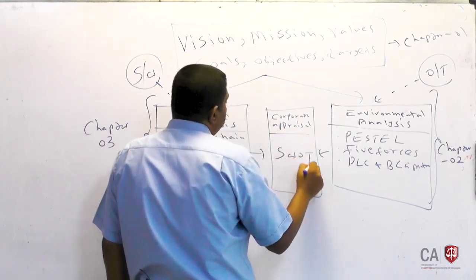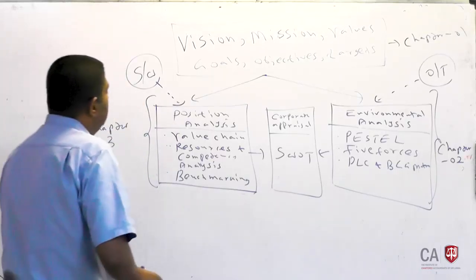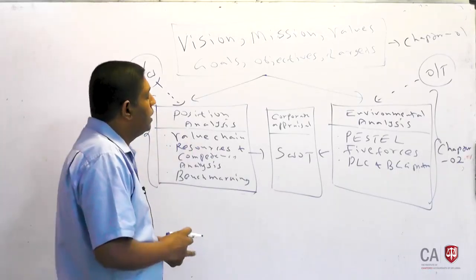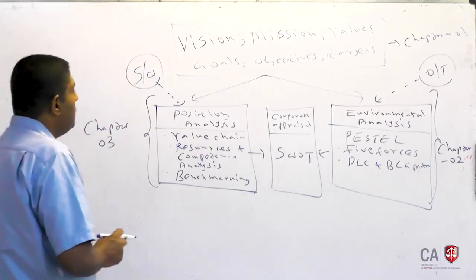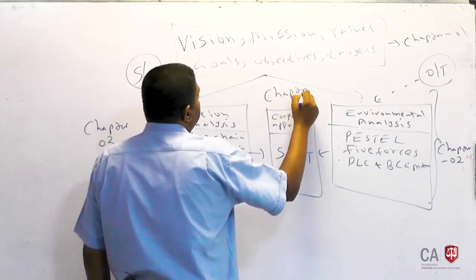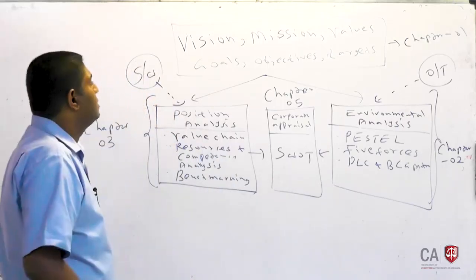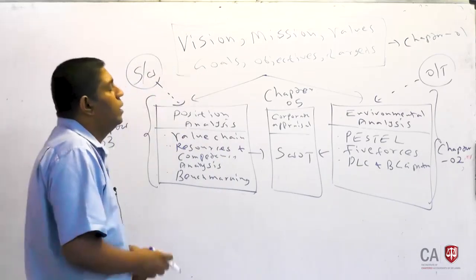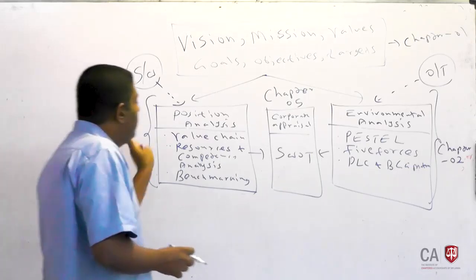The SWOT model was used to combine or merge the results obtained from both the internal environment analysis and the external environment analysis. Actually, chapter 5 covered this. In between we discussed ethics and CSR also. Those are some of the aspects we have to look at when formulating strategies under chapter 4. Up to now we have done this part.